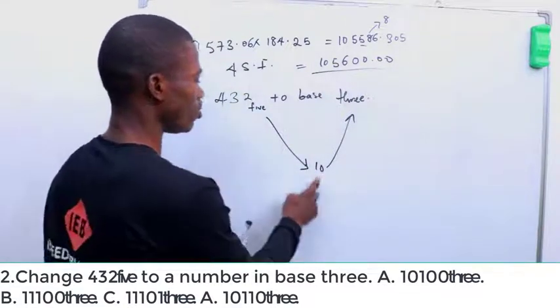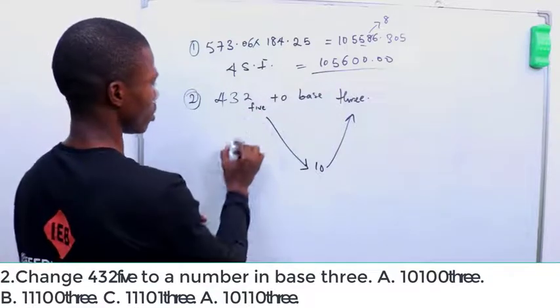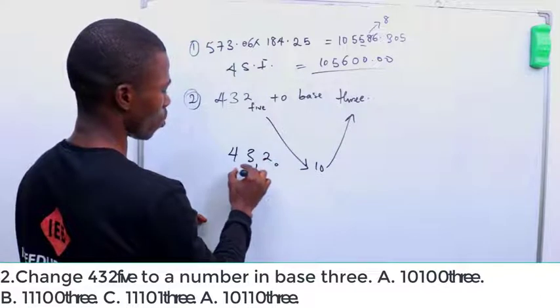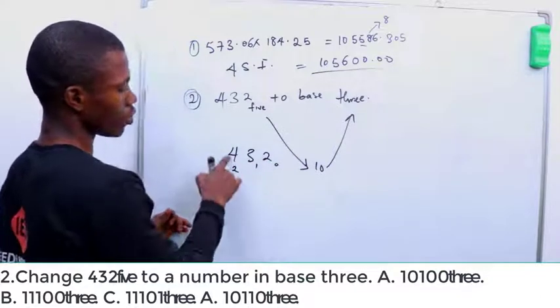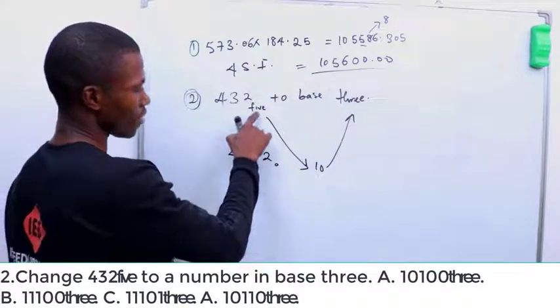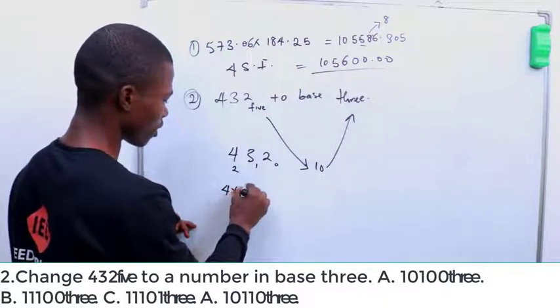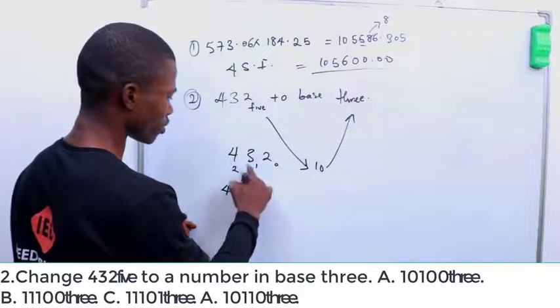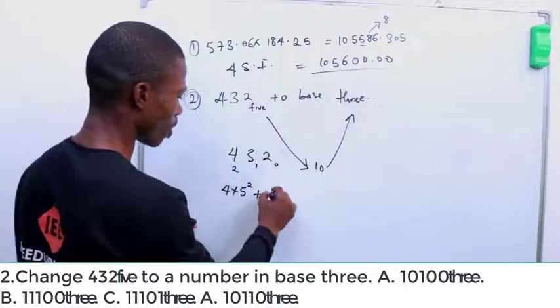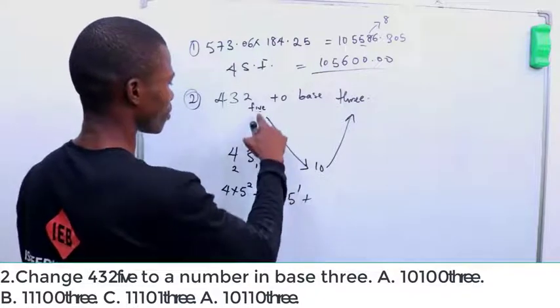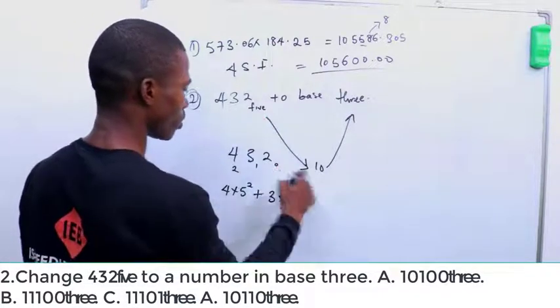Converting this to base 10, we assign values. This is 4, 3, 2, with positions 2, 1, 0. So we have 4 times 5 squared plus 3 times 5 raised to the power 1 plus 2 times 5 raised to the power 0.